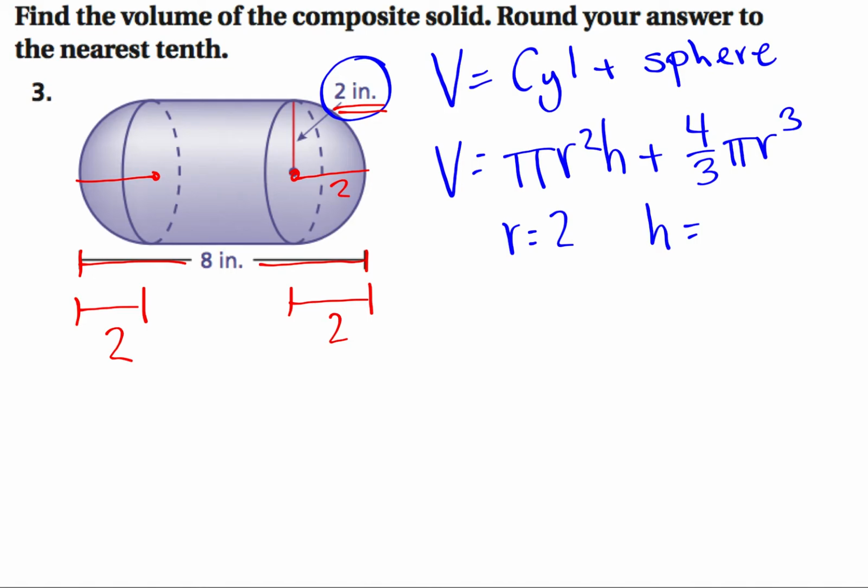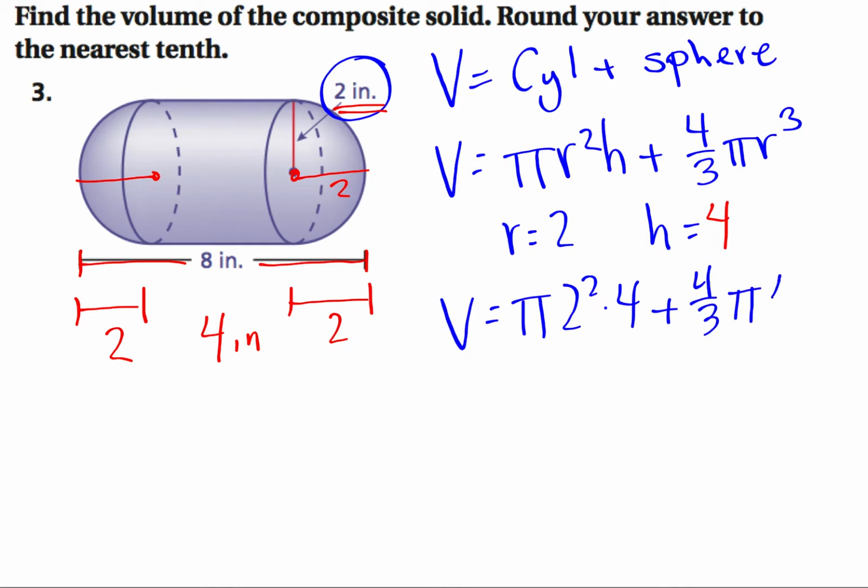To make 8 inches, we need an additional 4 inches. So, the height of the cylinder is 4 inches. From there, we can go ahead and plug things in. We've got pi 2 squared times 4 plus 4/3 pi 2 to the third power.